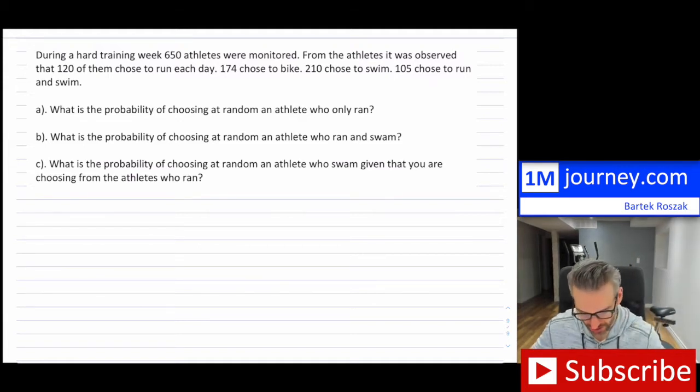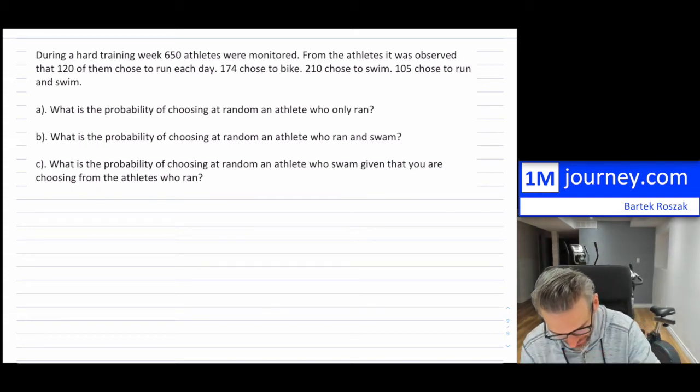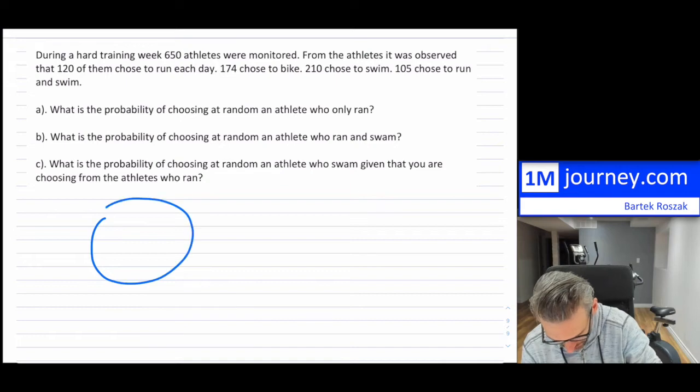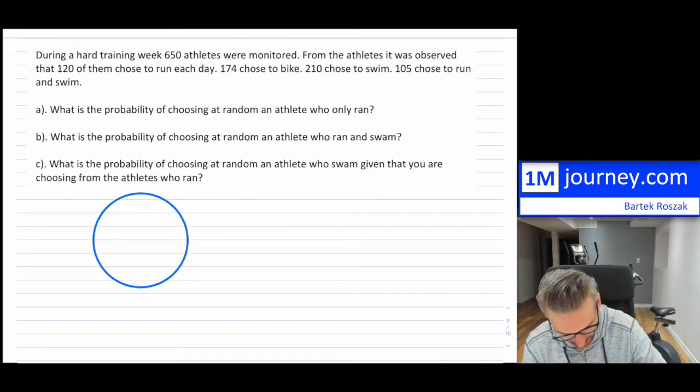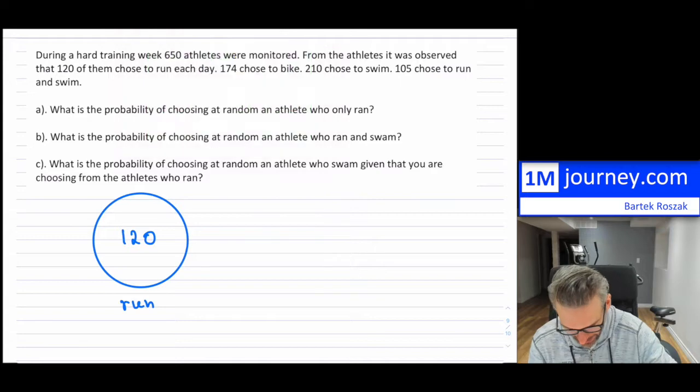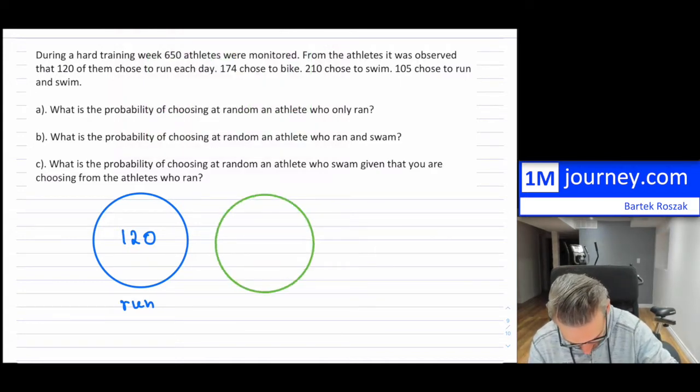Okay, so let's break this down. So these are my athletes. These are my runners, so I have 120 runners. These ones are the ones who biked, and we have 174 that biked.